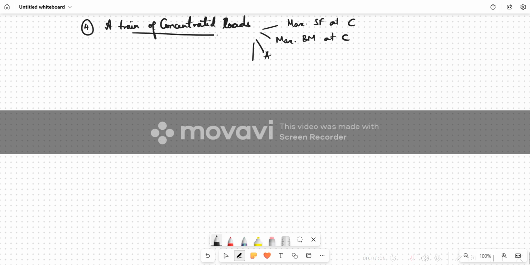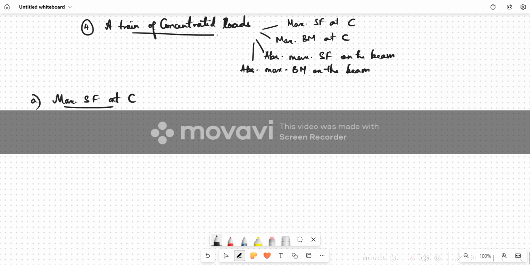And then you have to find out the absolute maximum shear force anywhere on the beam, and also the position for absolute maximum bending moment on the beam. Okay, these four, just like how you did for all the cases before. So let's start with the first one, which is maximum shear force at any section C.